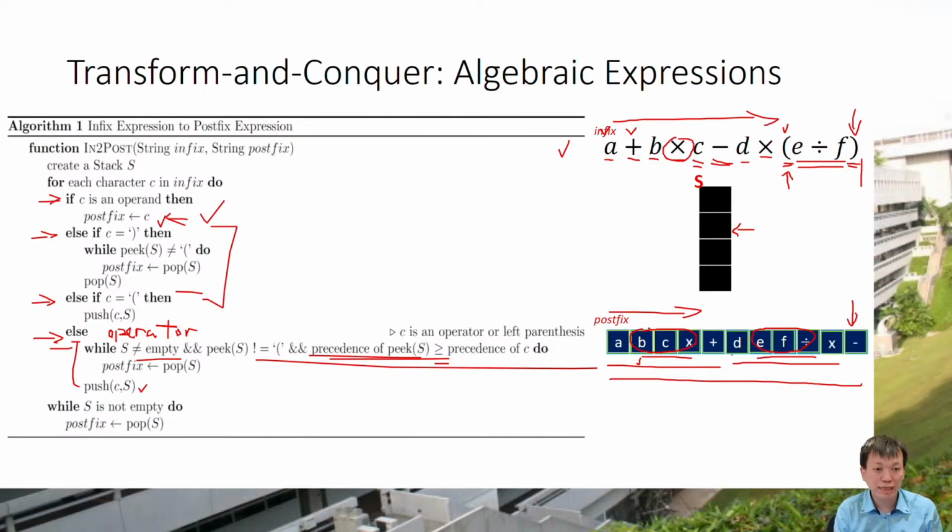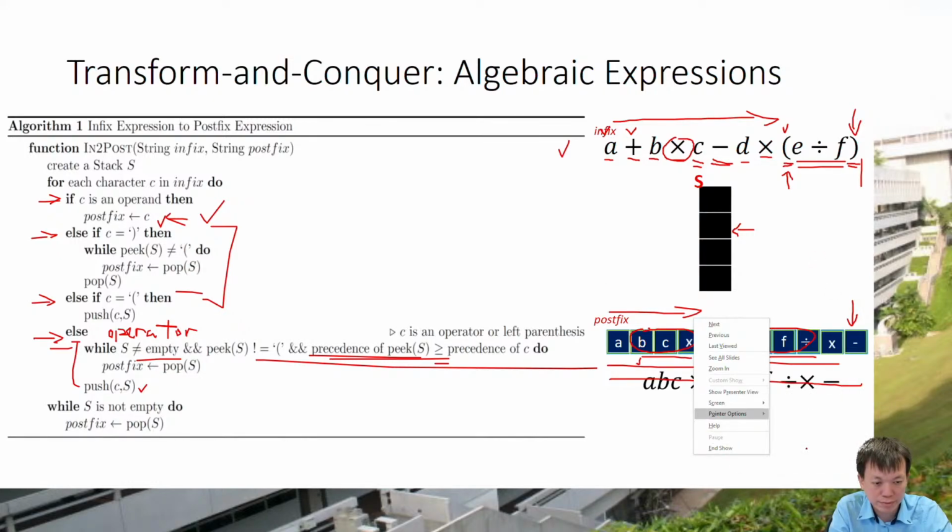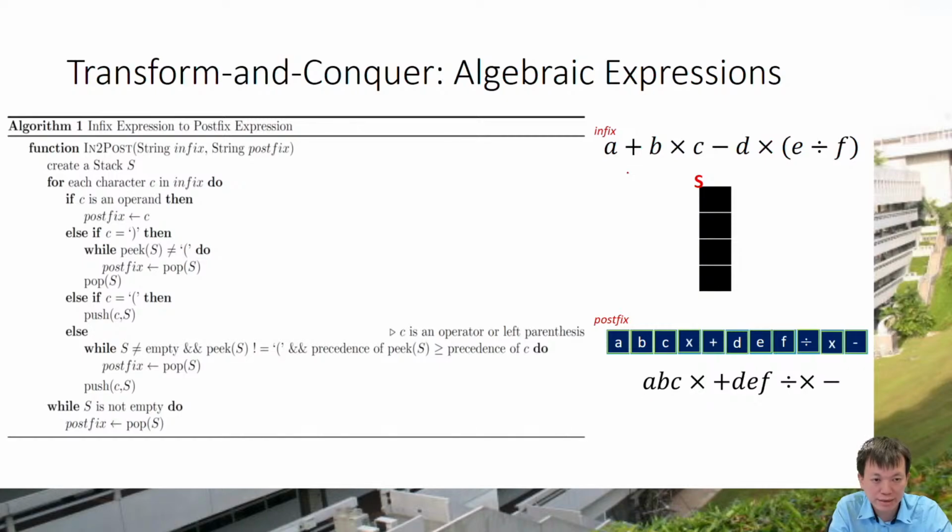So that is how we transform from infix to postfix. This one is the infix expression, and this is the output. The idea is basically that they are trying to sort out the operators, because whatever is done first will be popped out and then pushed into the output.